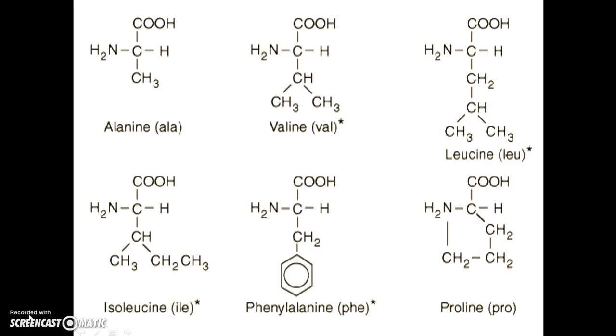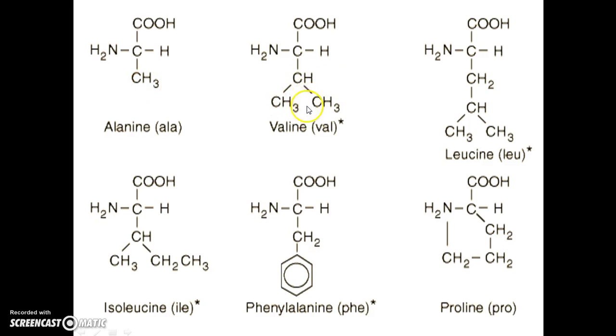Here are some examples of amino acids. If you see, here's the central carbon. Here is the amino group, the carboxyl group, the hydrogen side group, and the R group. Here, it's simply a CH3.